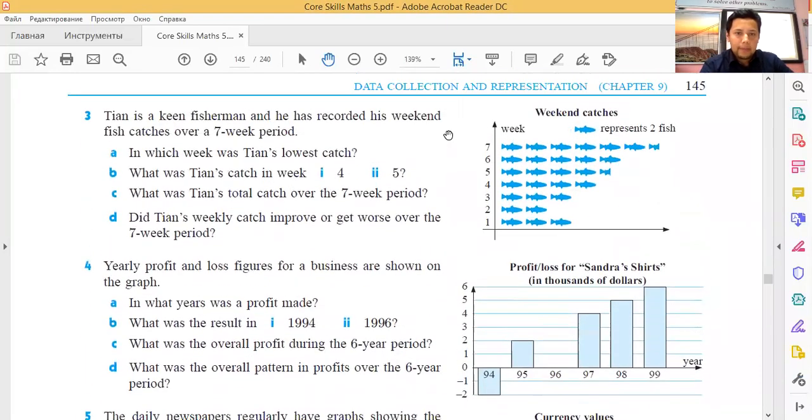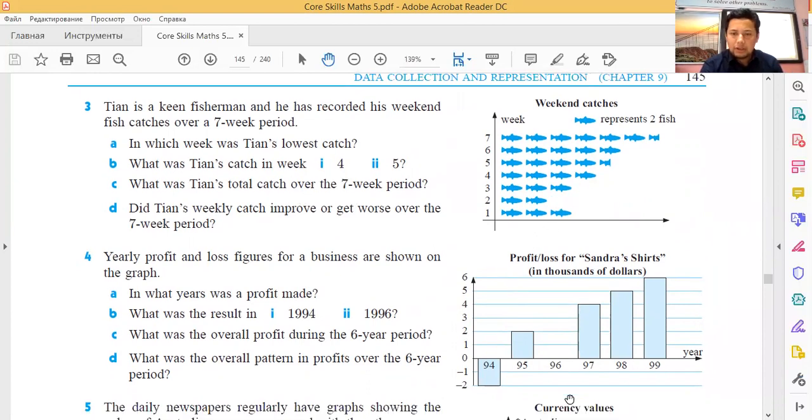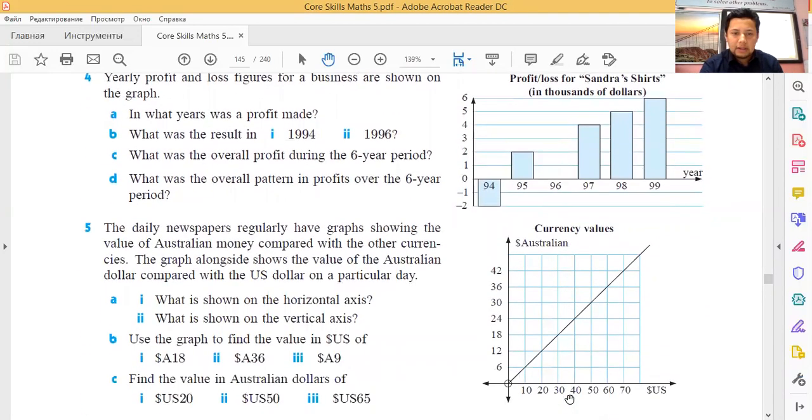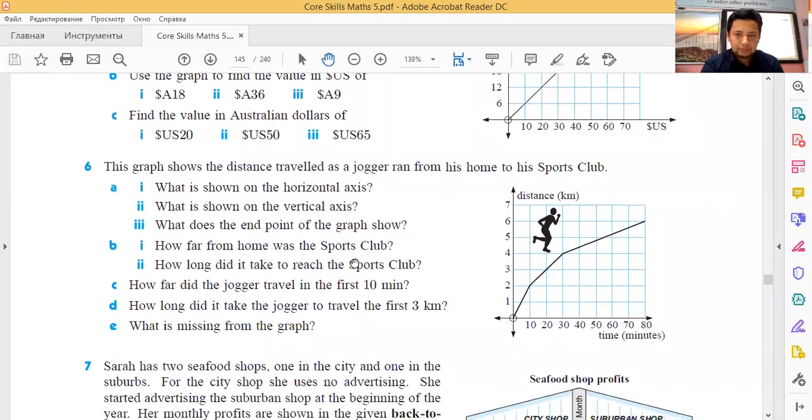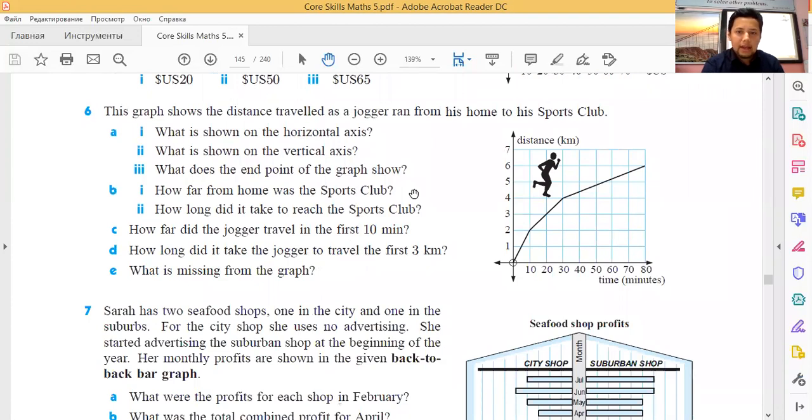You are copying all this in your notebook and then answering these questions. Don't draw the graphs. You don't need to draw graphs. Just answer the questions. Let me answer one question, for example, question number 6, and then you will do others.